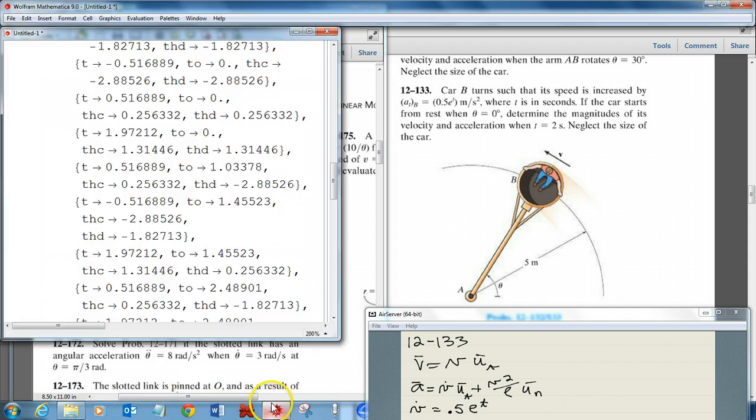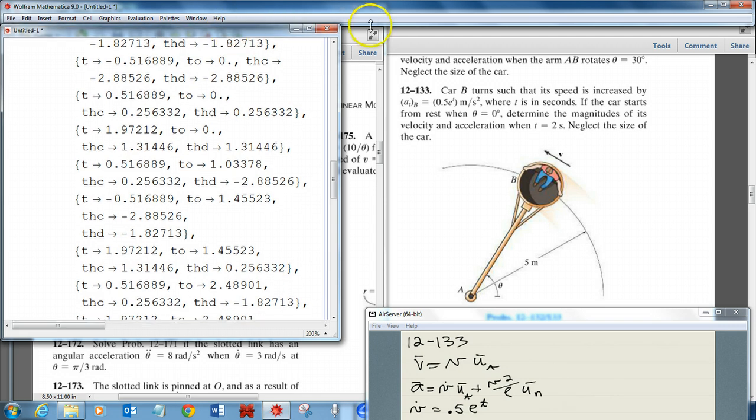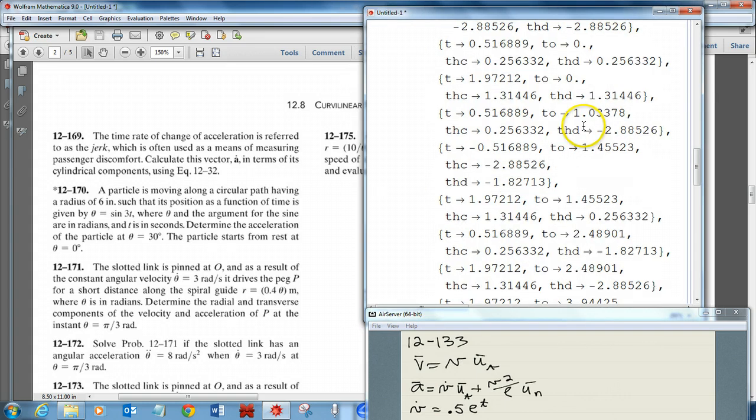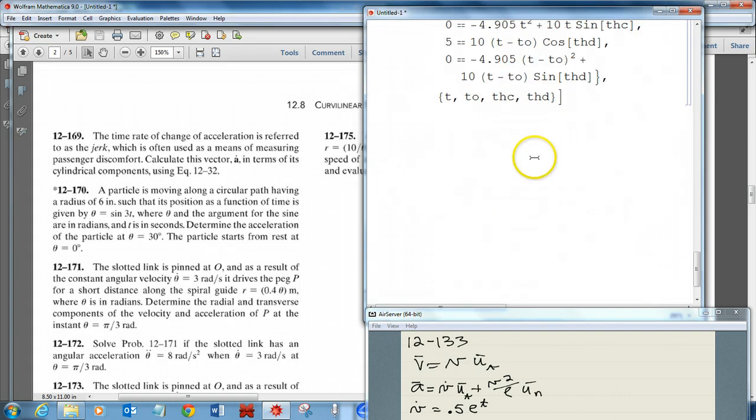So let me just open up Mathematica, and we'll try to do it all in Mathematica. Okay, so here we go. We'll say quit. Let's say this is problem 12-170, just so you can mark it when I post this.